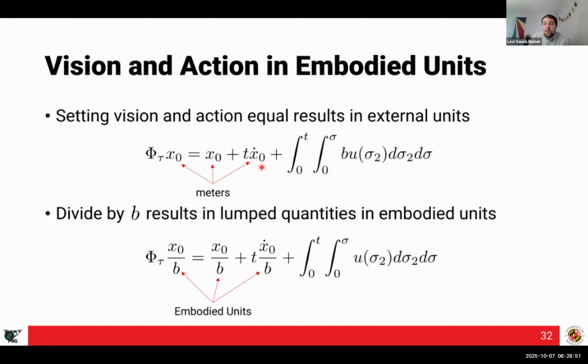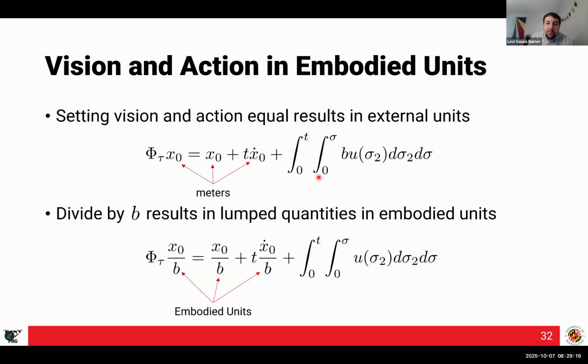But immediately, if we try to use this constraint, it's not going to work because every single unknown term here, x naught, x dot naught, and B, is multiplied against something that is known, which means that if you were to have some solution for this equation, then scaled versions would also satisfy the solution. And so there would just be no unique answer.